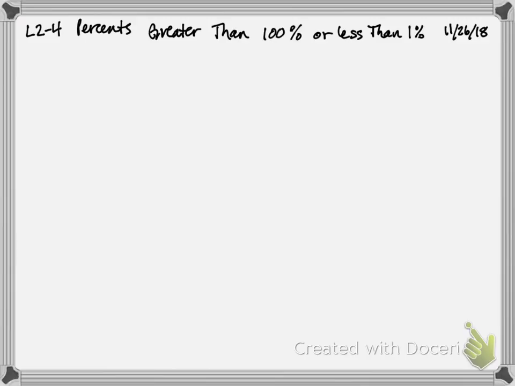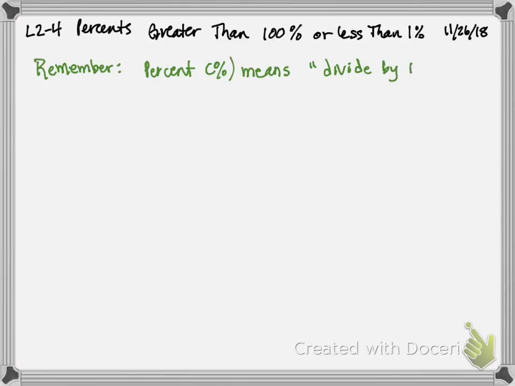So I'm going to give you a couple of reminders. So the first reminder, remember that percent, and again this is a percent symbol, means divide by 100. That's what the per means. And cent is 100.